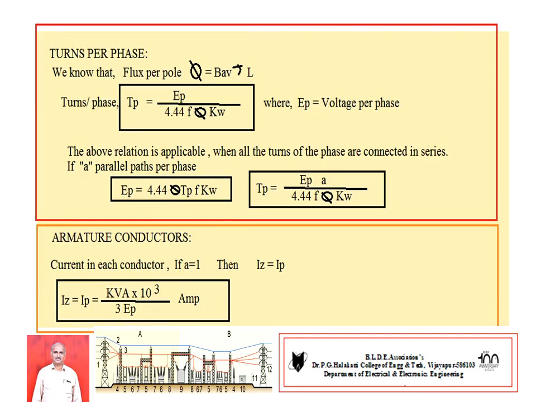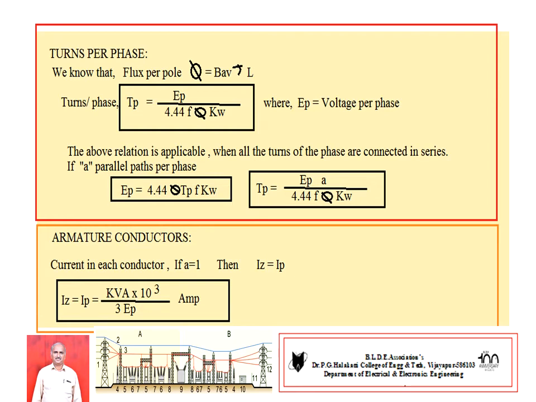Next we have to discuss design of turns per phase. Already we know that flux should be equal to P average into tau into L. Tau equal to pole pitch equal to pi D by P. By knowing this, you can go for design of turns per phase.